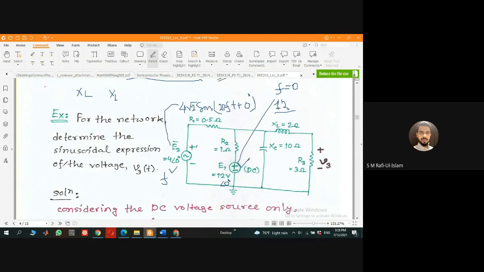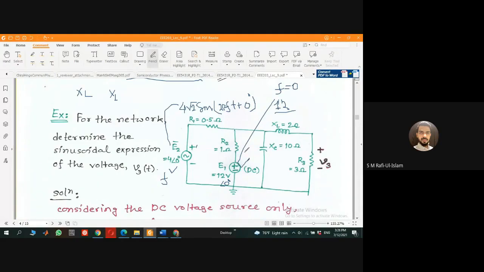And you cannot use mesh analysis or loop analysis there if we have two different frequencies. Do you understand why the superposition theorem is important in solving AC circuits? Yes, sir. But this is not a part of your course. This is just for your information, so you have a better idea.